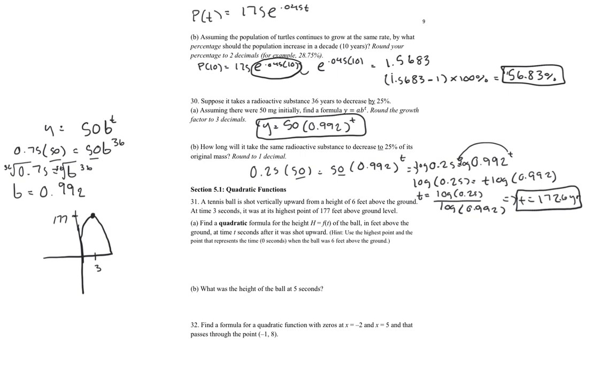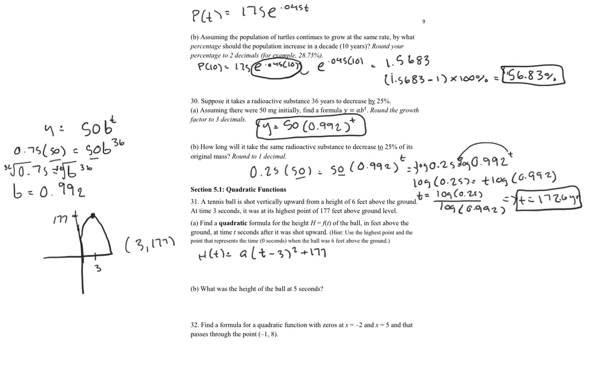And so we know this height function is going to be equal to some constant a, because there could be a multiplier there, times t minus 3, squared, plus 177, right?